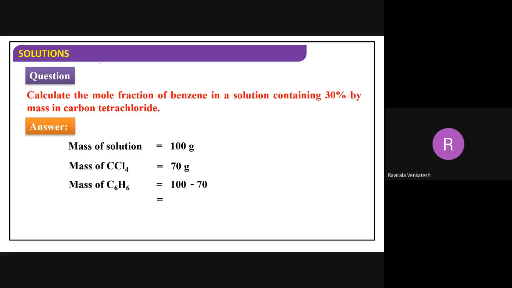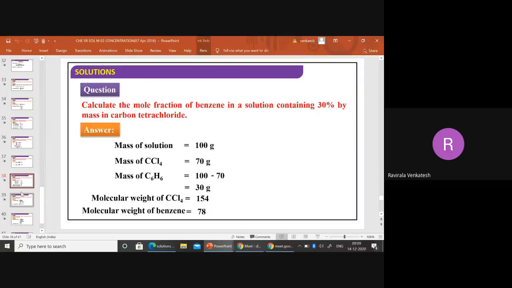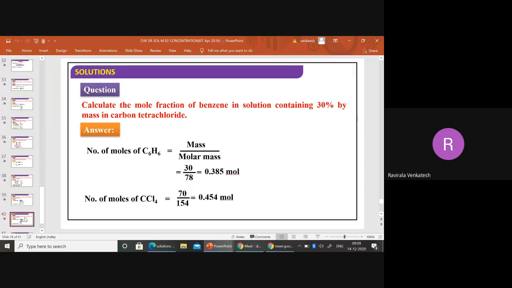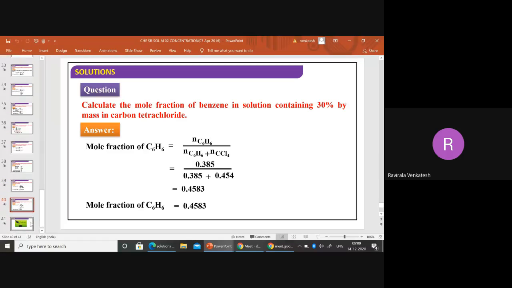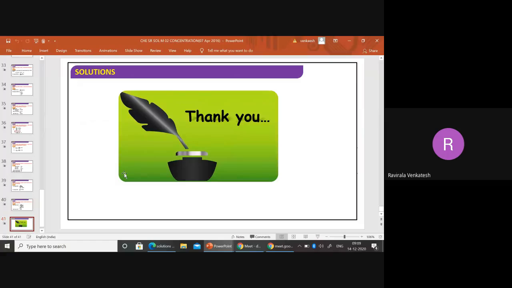And this one also you take as homework: calculate the mole fraction of benzene. I gave 2 problems for you, isn't it? Take them as homework.